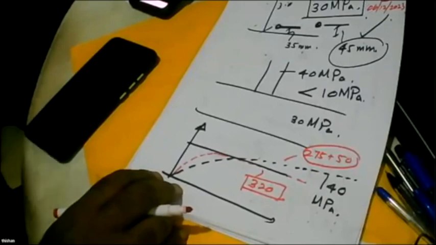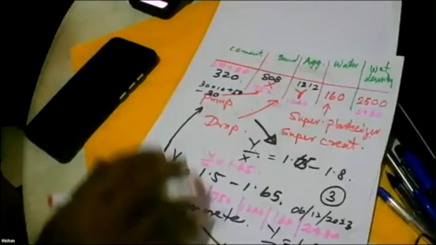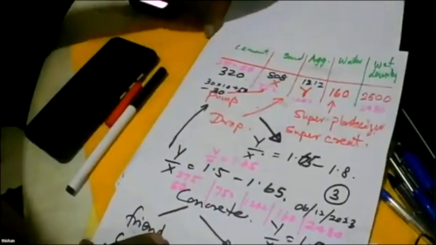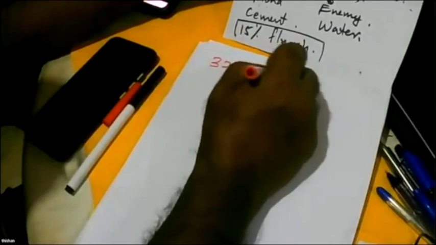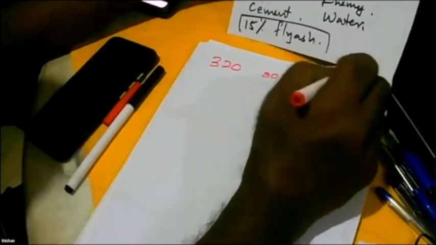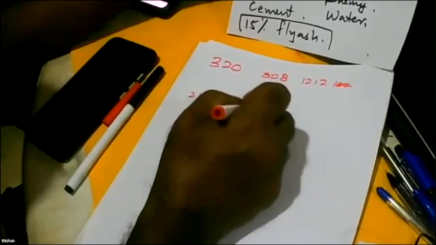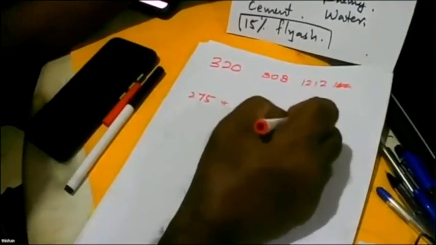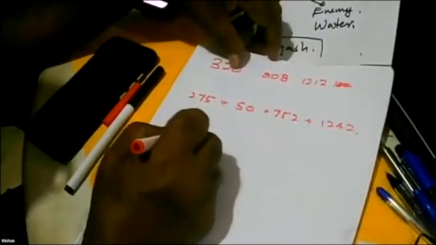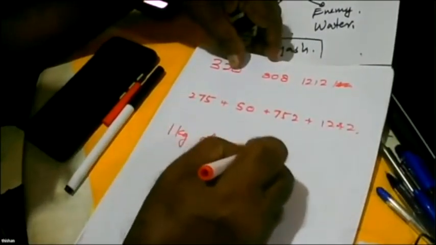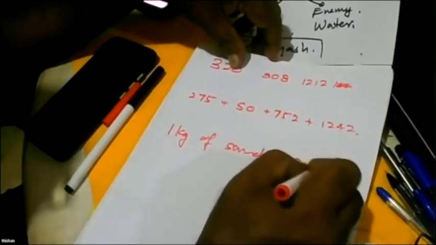So if you are making this concrete at site, what is the cost? So we look at the cost of these two concretes. That will give you a good insight. 320, 808, 1212, 160, those numbers are not necessary. The other one is 275 plus 50, 752 and 1242. What is the price of 1 kilogram of sand? 550.